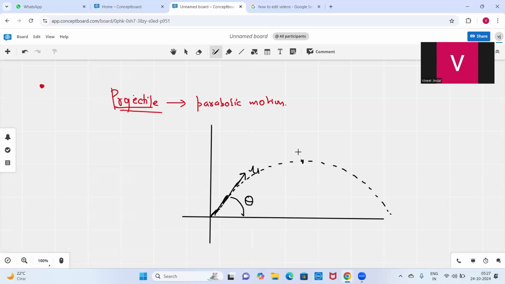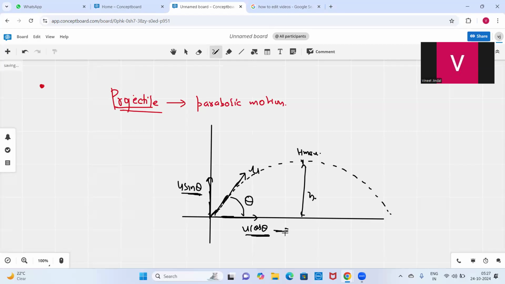This is a peak point, which is called H max, maximum height. If we resolve the component of the velocity u, it is going to be u cos theta and u sin theta. This is the initial horizontal velocity, and this is the initial vertical velocity.